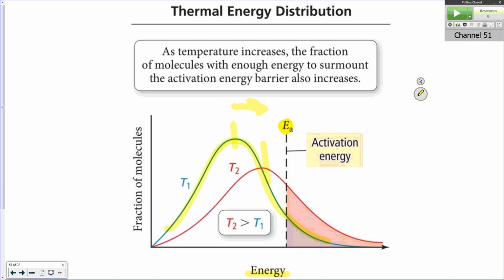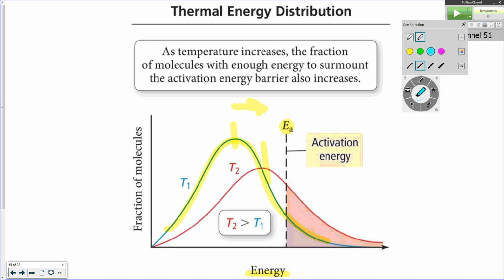So if we look at the activation energy, if this activation energy is the minimum energy required, at the lower temperature that's in the blue, so I'll highlight that in the blue, only this small fraction of the molecules has enough energy to be activated. All right. But if we looked at the higher temperature system, that fraction jumps all the way up to here.